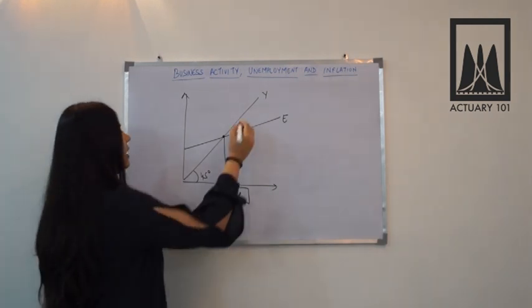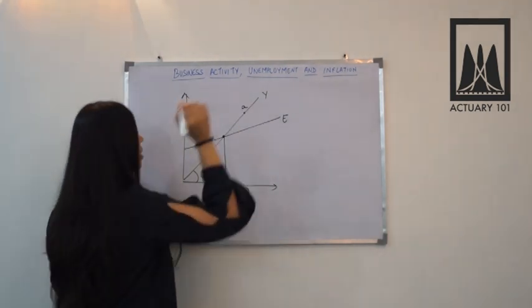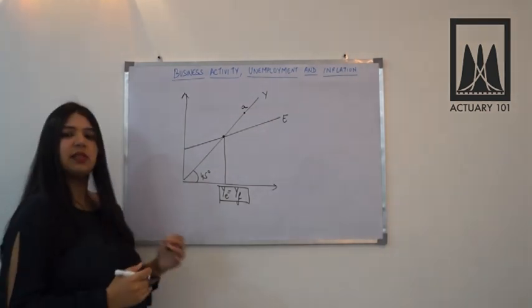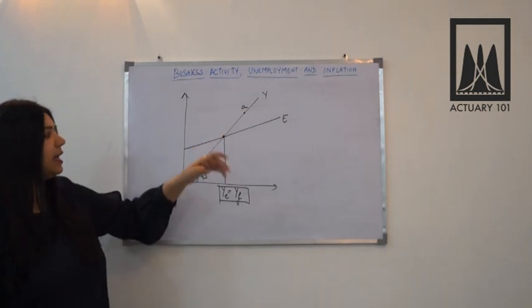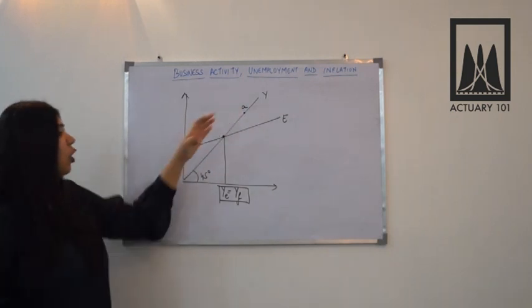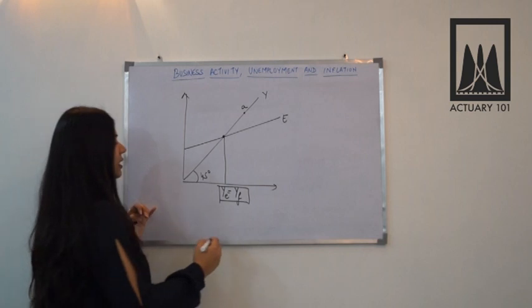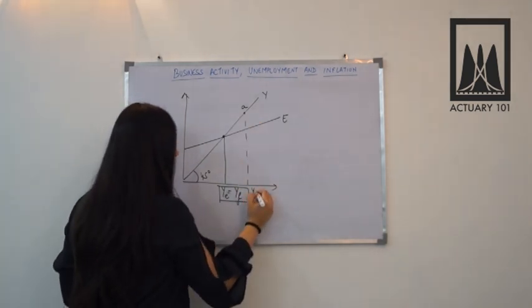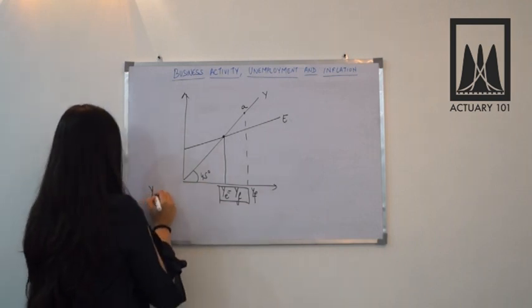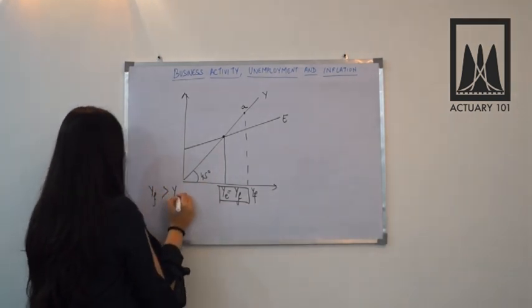Now, let's look at this point, say A. So, suppose the full employment level of GDP is at point A on the y-axis, on the Y curve, and suppose this is YF here. Then we can see that YF is greater than YE.